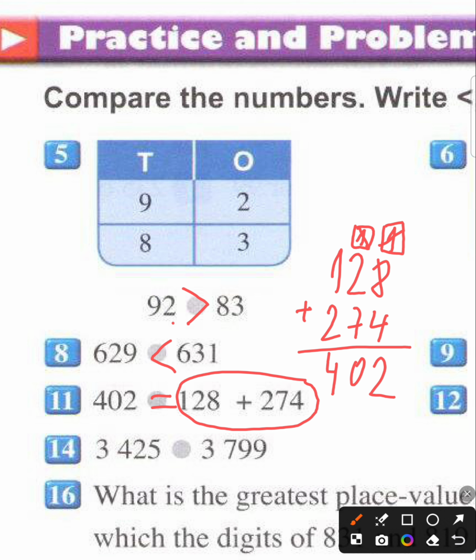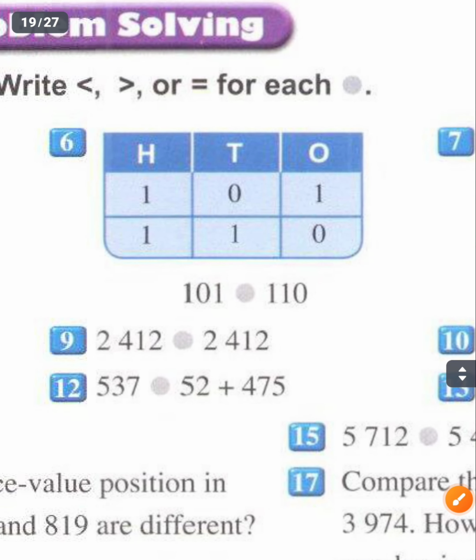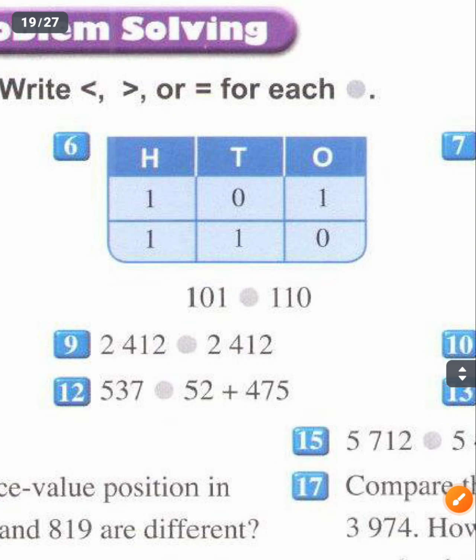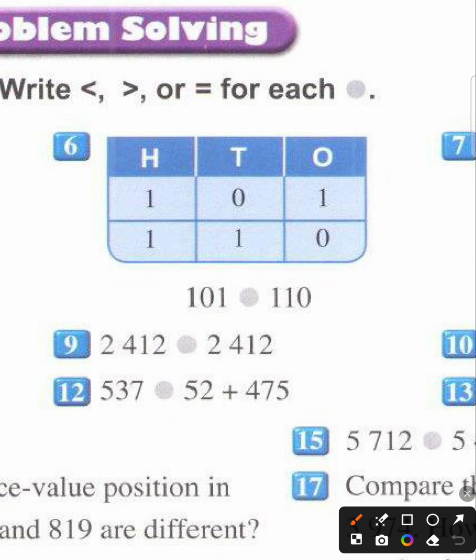Number 14, 3425. It's like this. After we go 6, 9, and 12. 101, 101, and 110. 2412. They are the same. 537, and we must calculate at first this.